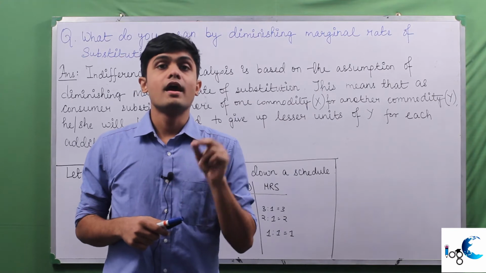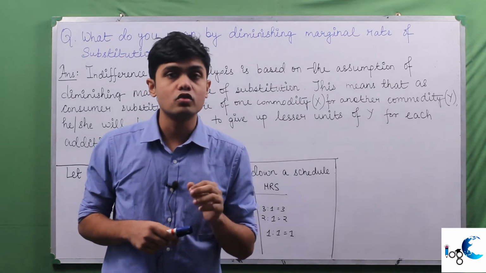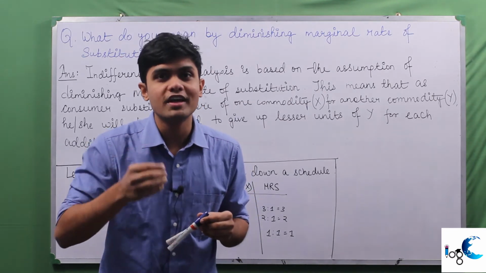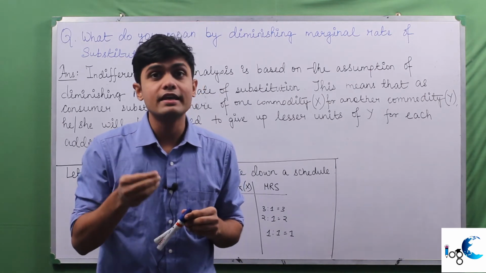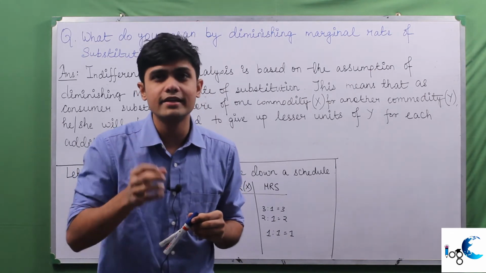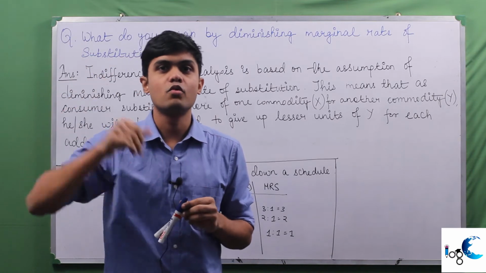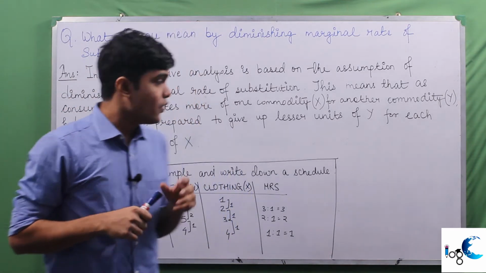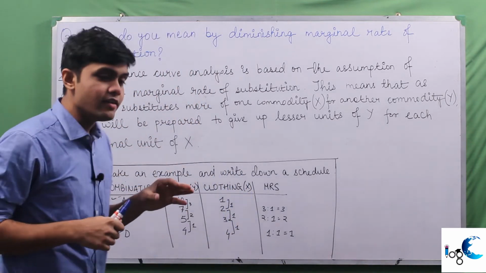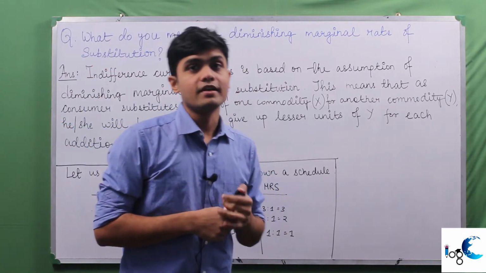Since the amount of X remaining with you goes on falling, it becomes dearer to you. So, you will be willing to give up lesser and lesser units of X in order to attain more of Y. This is exactly what diminishing marginal rate of substitution says.